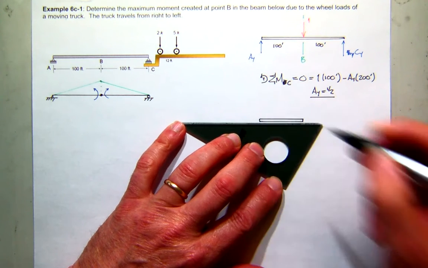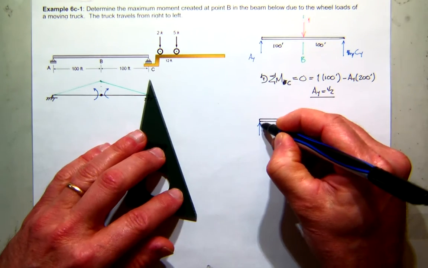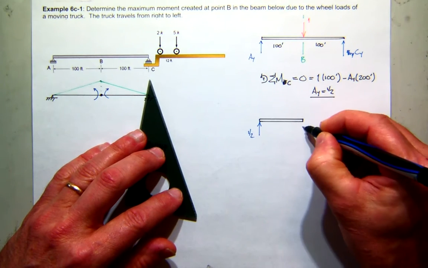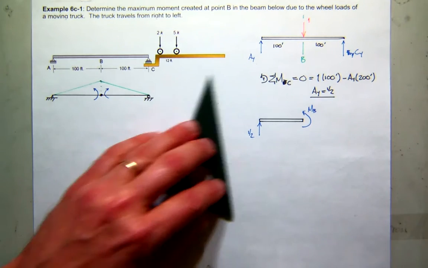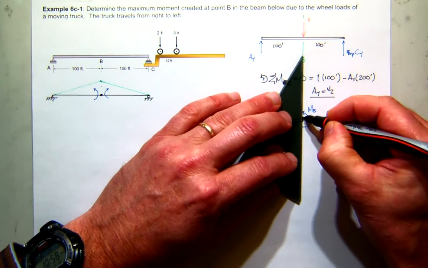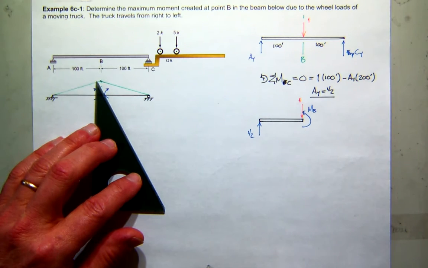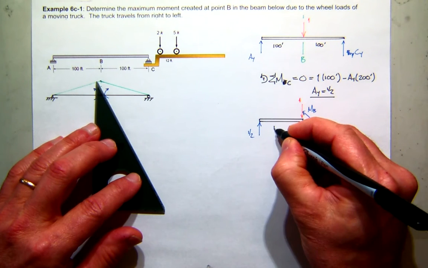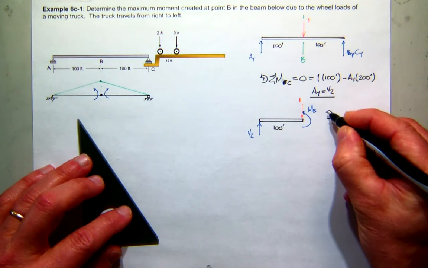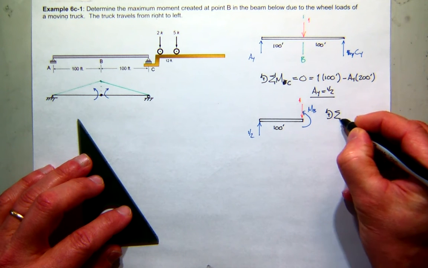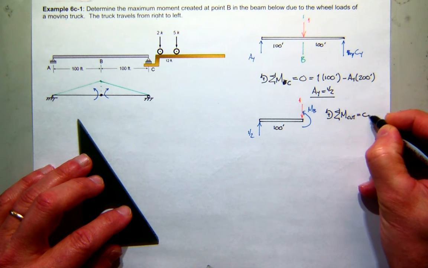So now if I look at the left side of my structure with my reaction at AY of a half, and I'm trying to find this moment at B, and I'll even include the unit load. Shouldn't create any problems. We'll leave it there. And then this is a length of 100. So again, now if I sum moments at this cut that I just made, make sure it's in equilibrium, what do I have?